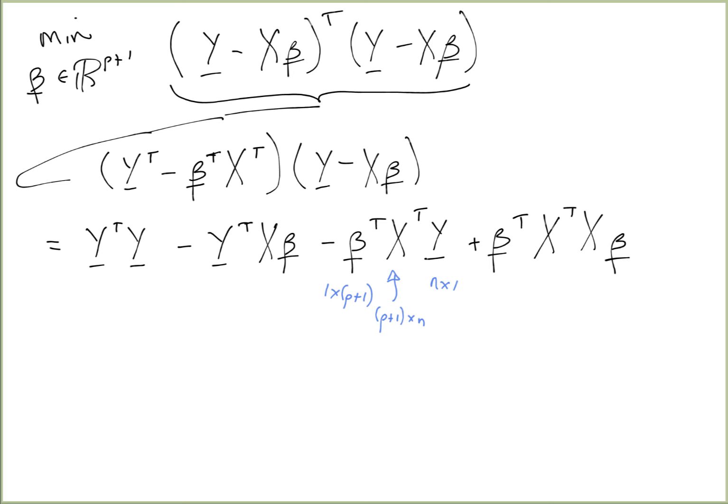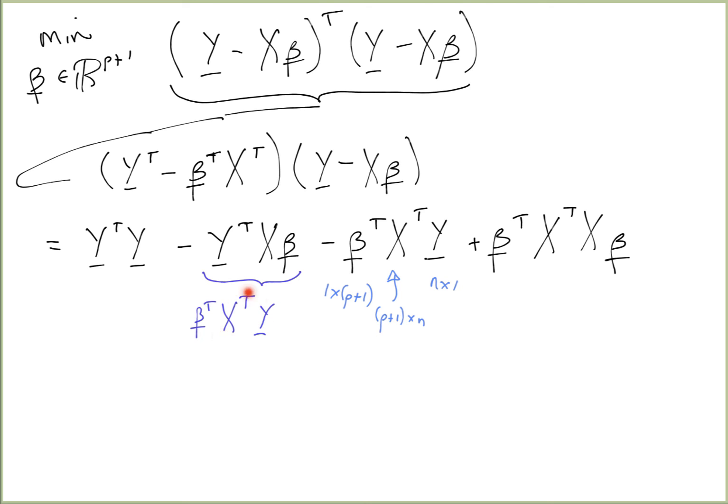In fact, each one of these terms is a constant. But the reason why this is handy is that since these two middle terms are constants, we can replace one of them with its transpose. So we now note, if we take the transpose of this term, we get beta transpose, X transpose, Y transpose transpose.